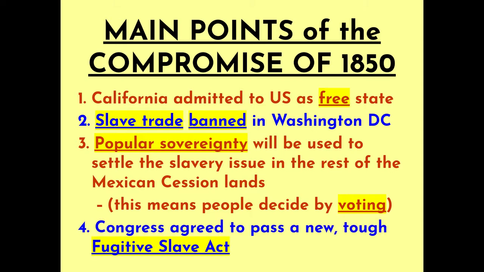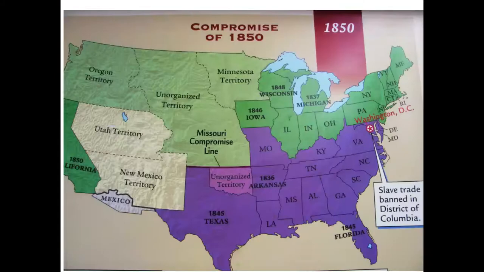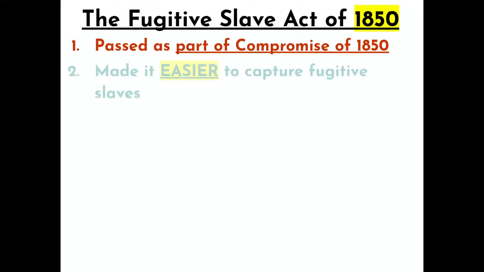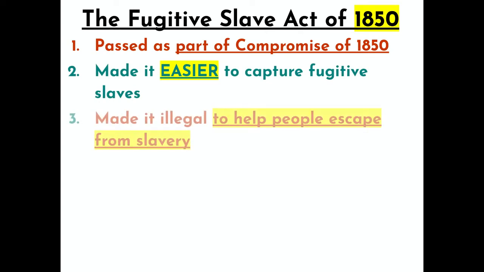And finally, Congress also is going to pass a new law, a new tough Fugitive Slave Act, which will make it harder to escape from slavery. The Fugitive Slave Act, we also talked about briefly in school, or will talk about it briefly in school, passed only because of the Compromise of 1850. That's why the northern states went for this, even though it was something that people in the North really were against.